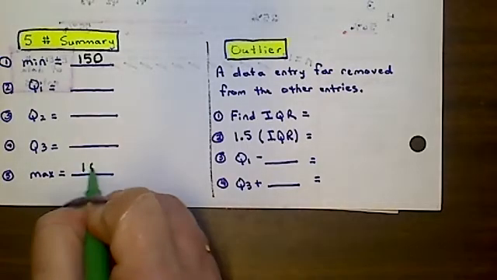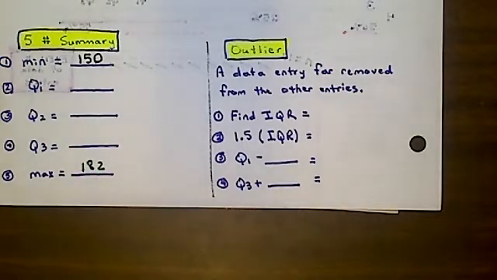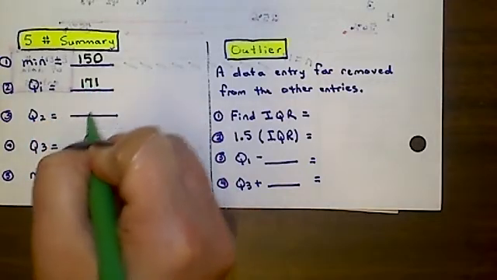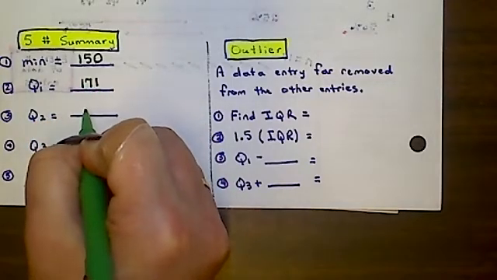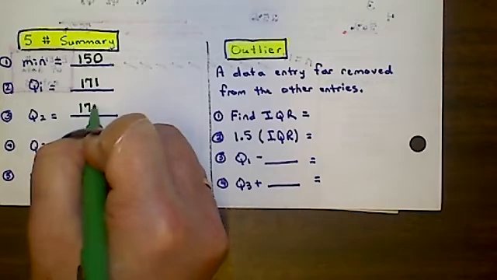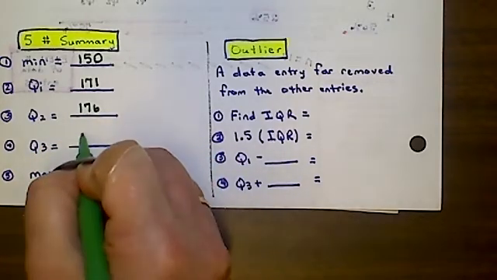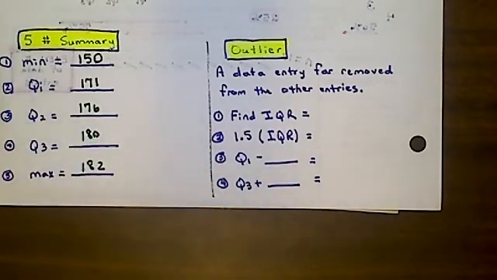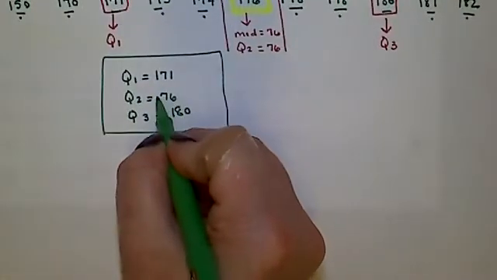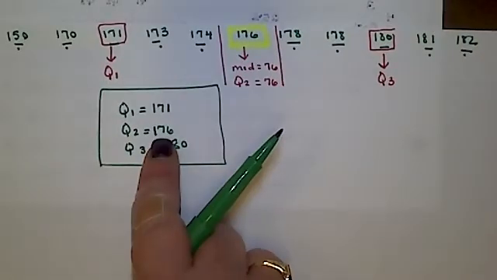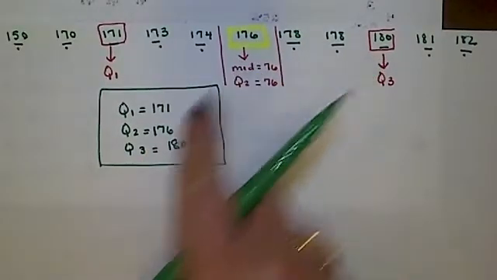My maximum value was 182. My Q1 we got a while ago was 171. Q2 was 176. And Q3 was 180. And I must have forgotten my Q2 right here. So that was supposed to be 176 if you had a question about that. So go back and fix that because it was 176.